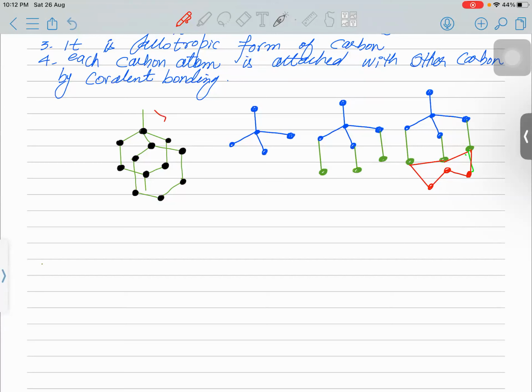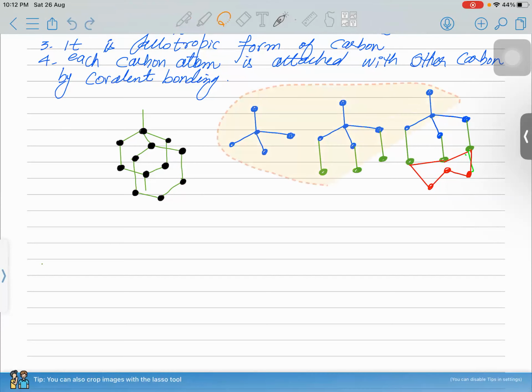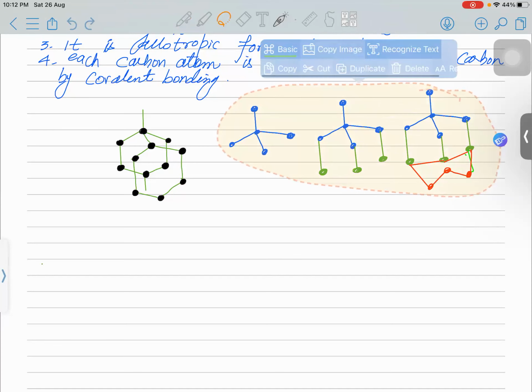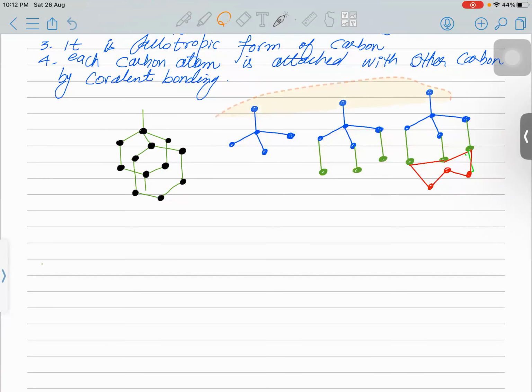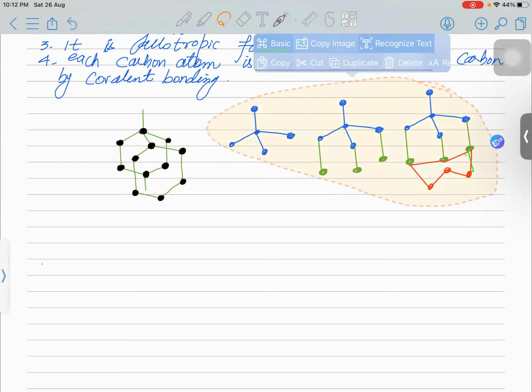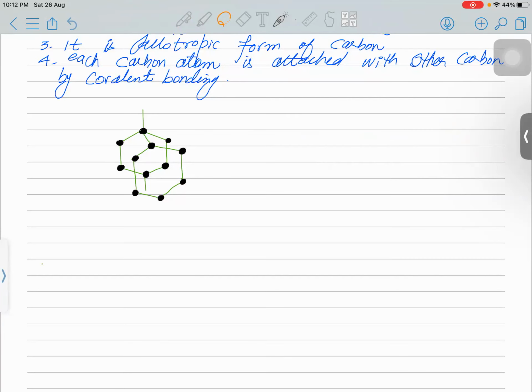I think this one is better than the other, so no need to draw that structure. So this is diamond.